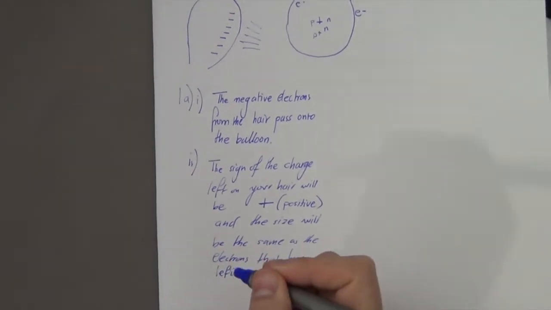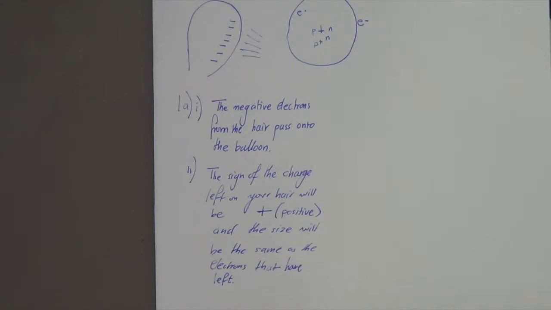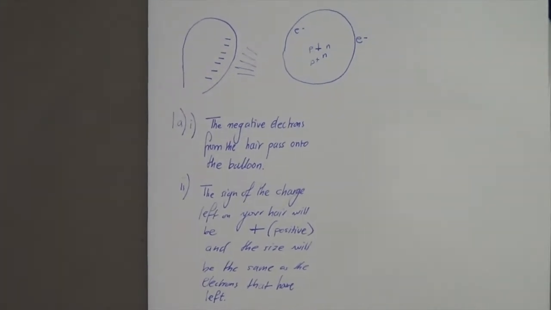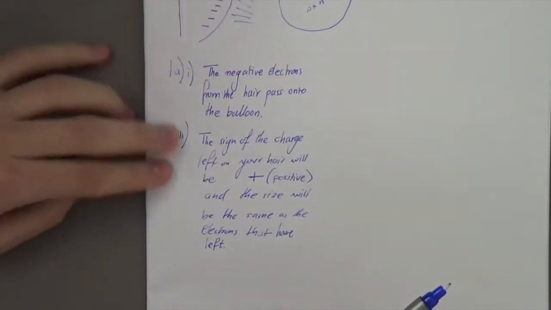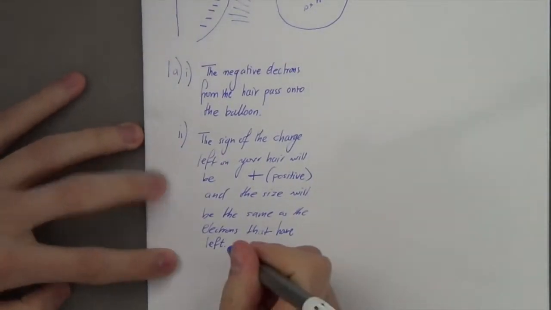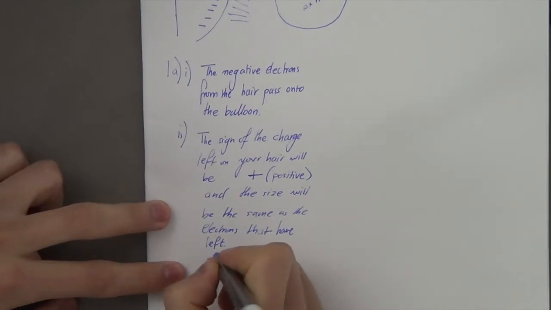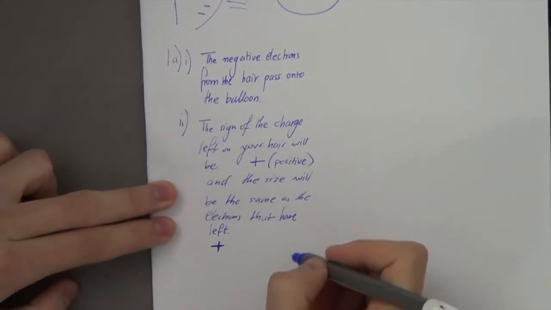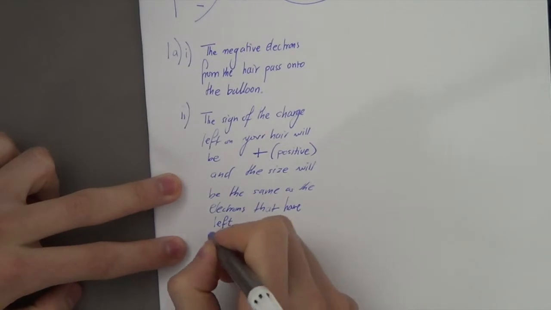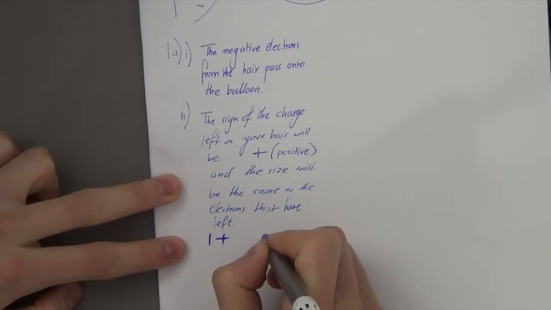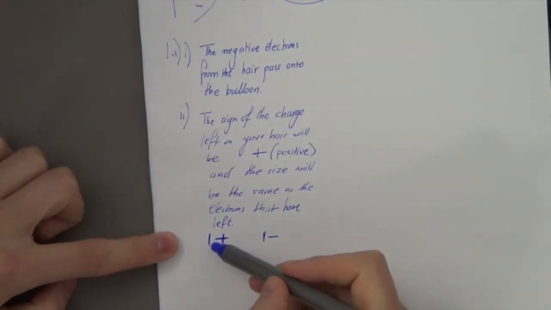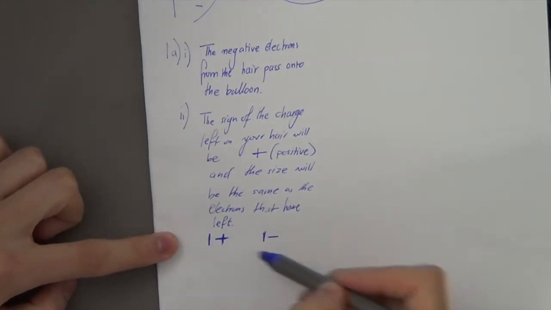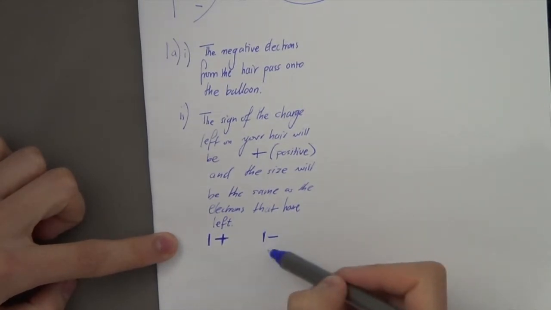That essentially is what it means by the sign and the size of the charge left on your hair. For every positive charge, that's 1 plus, it balances out with 1 minus of an electron. So the size of the proton is 1, and the size of the electron is 1 as well, but they're opposite charges or signs.